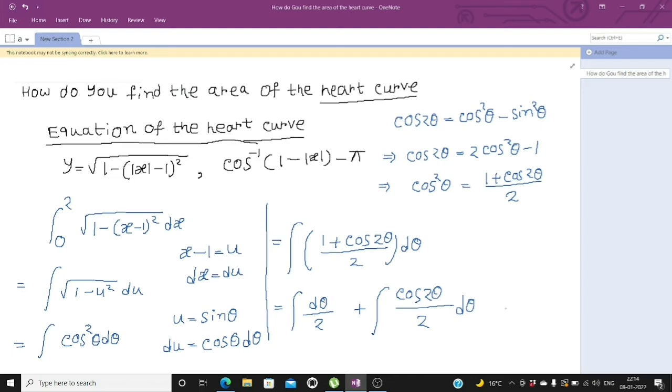Now, if we manage it, it becomes theta by 2 plus sine 2 theta divided by 2 and 2, which is 4, right? So it is 4.